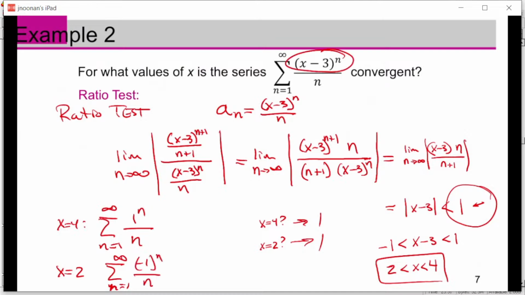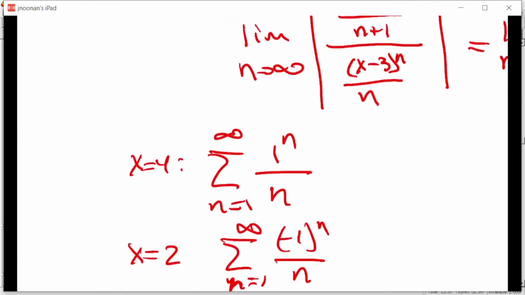All I've done is I've taken that and I've plugged x equals 4 into that, and it gives me 1 to the n over n. And when I plug x equals 2 into that, I get x minus 3 is negative 1 to the n over n.